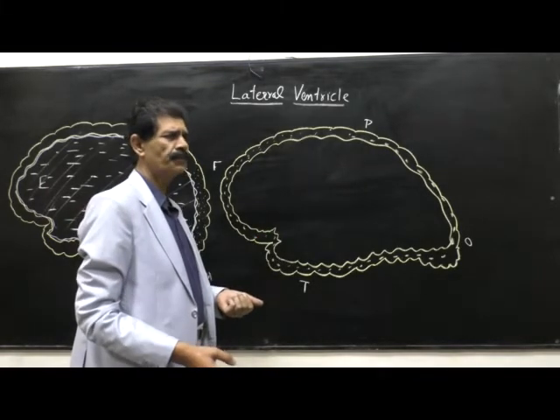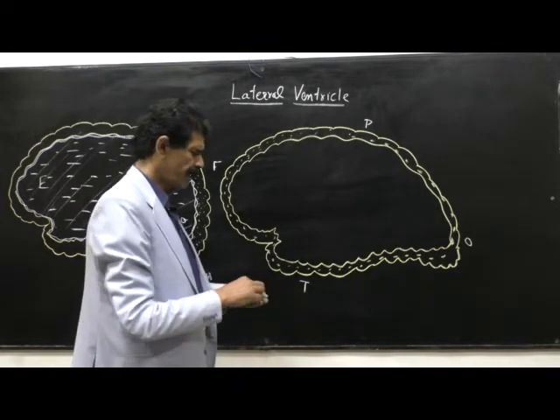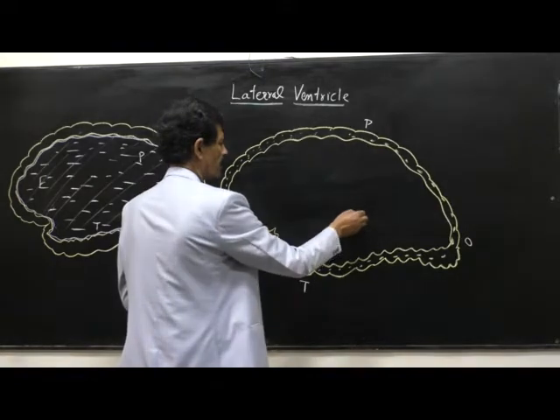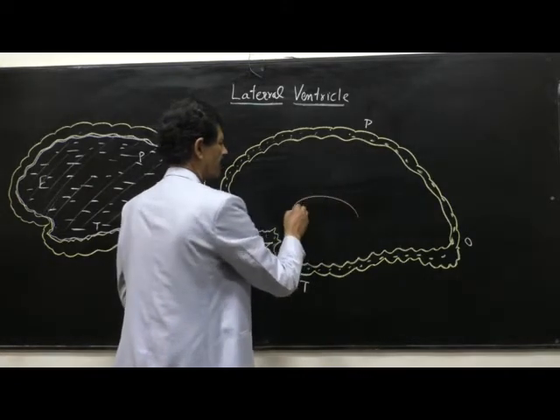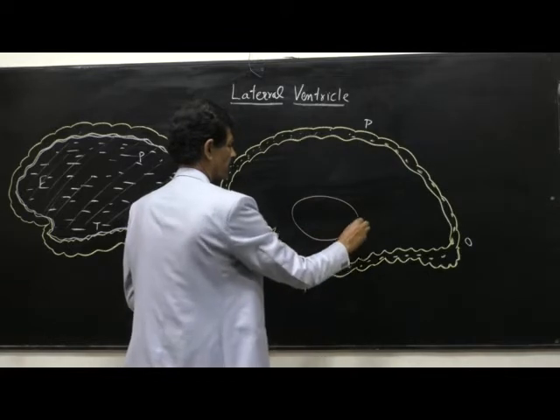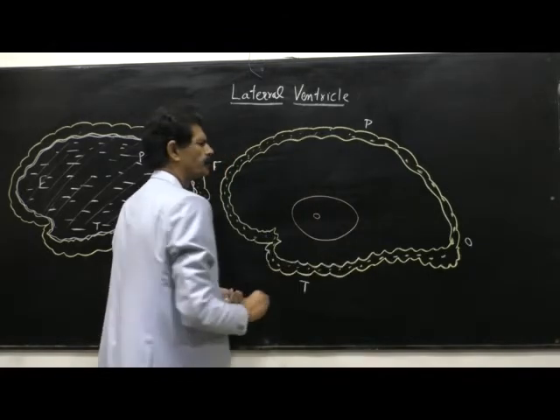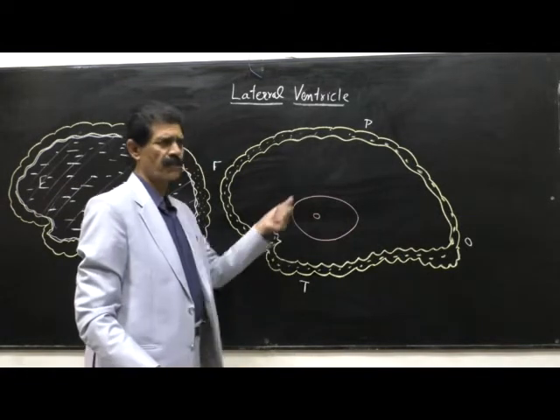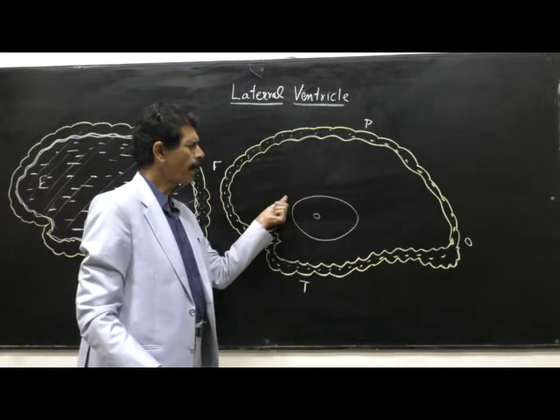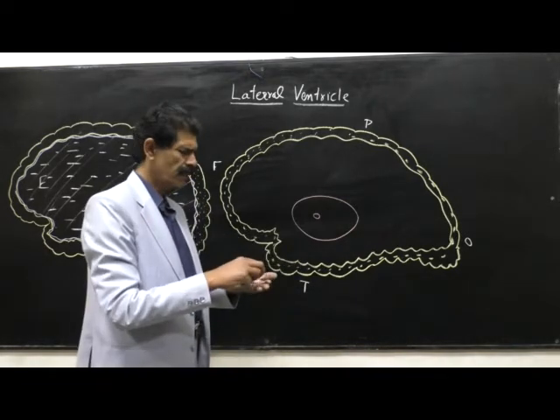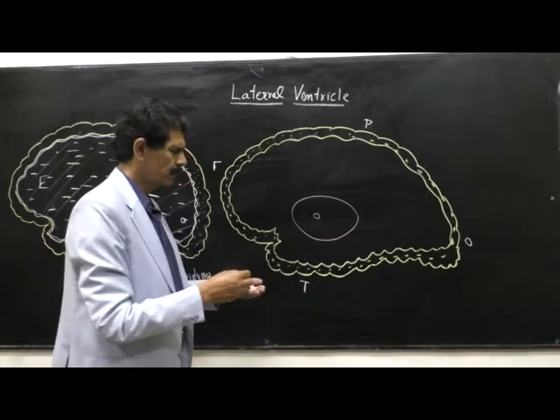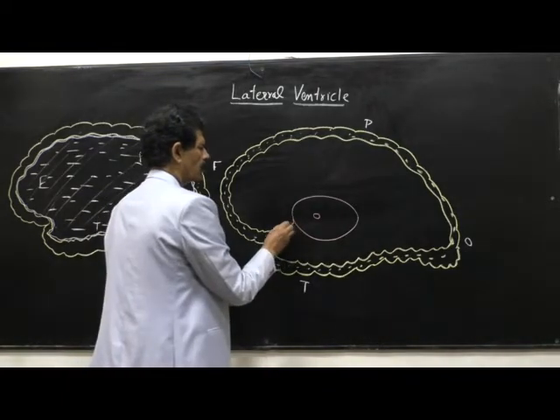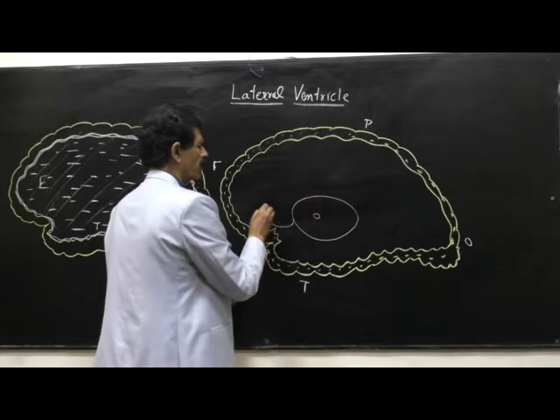For example, there develops an egg shaped thalamus, as we have done in the basal ganglia also. And superolateral to it lies the caudate nucleus.